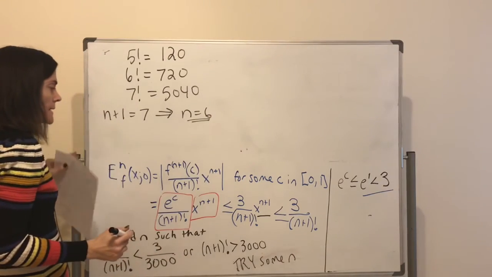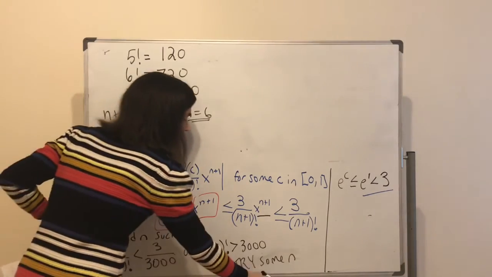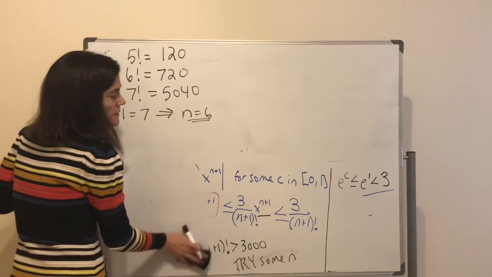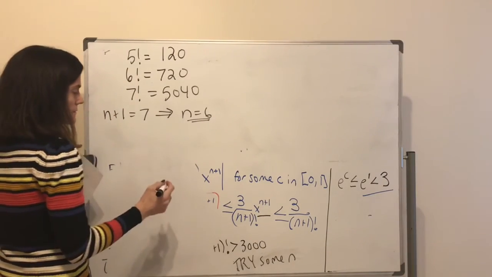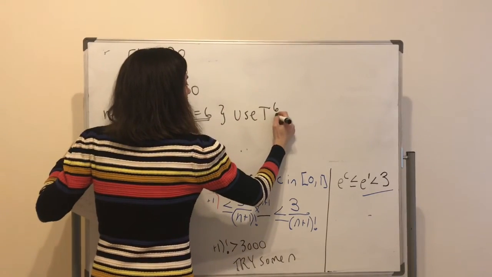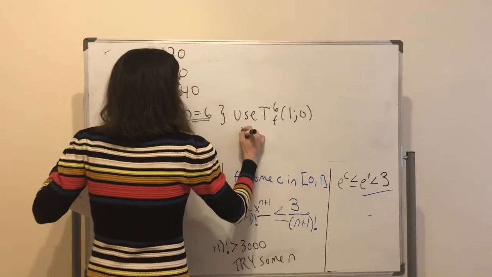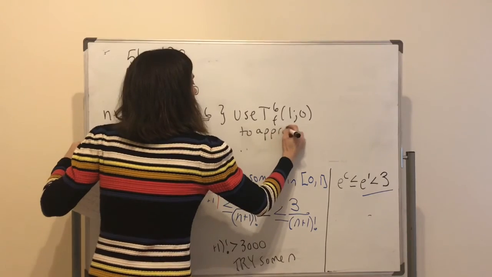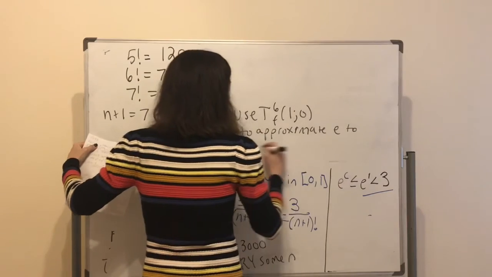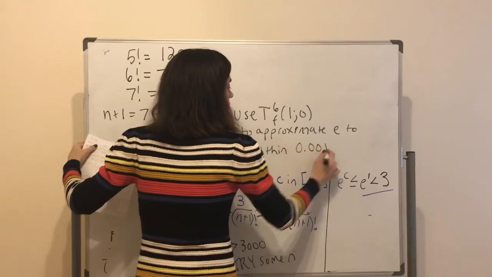Okay, now this says this is the Taylor polynomial we want to use to approximate e to within 0.001. We use T6 of f, at 1, 0 to approximate e to within, well, it was 1 over 1,000, like this.